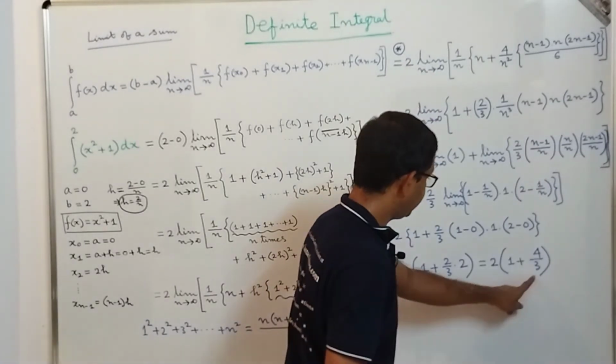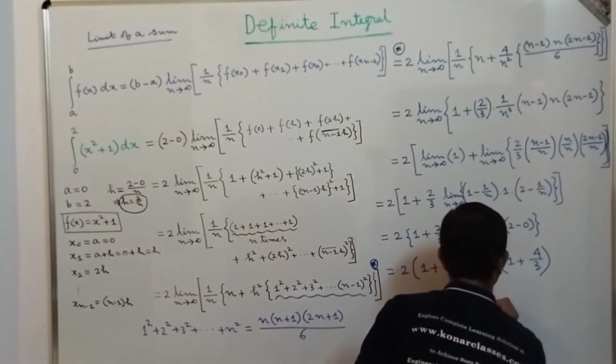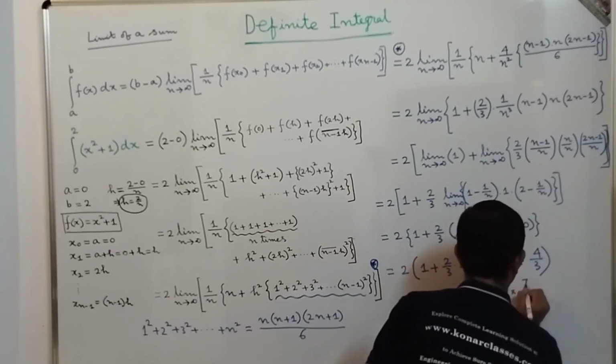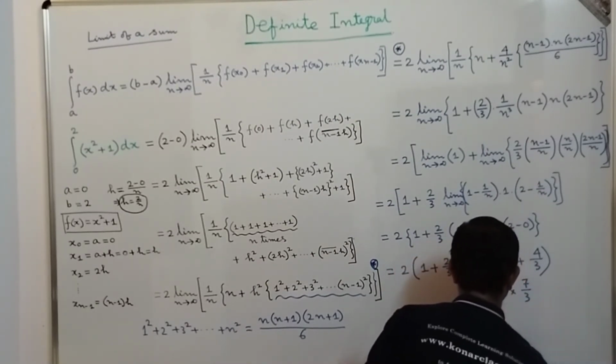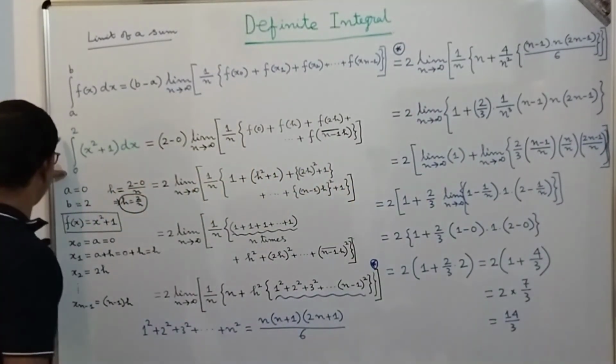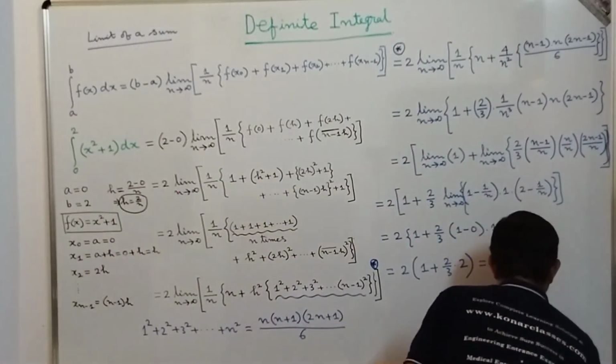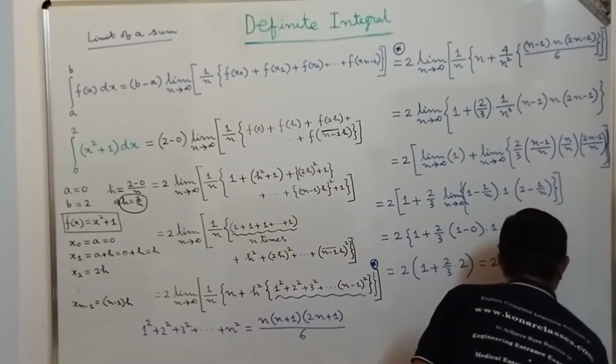If you simplify, 3 plus 4, 7 by 3. So that is equal to 2 into 7 by 3, that is 14 by 3. Now as the value of this definite integral is an area, we can write 14 by 3 square units.